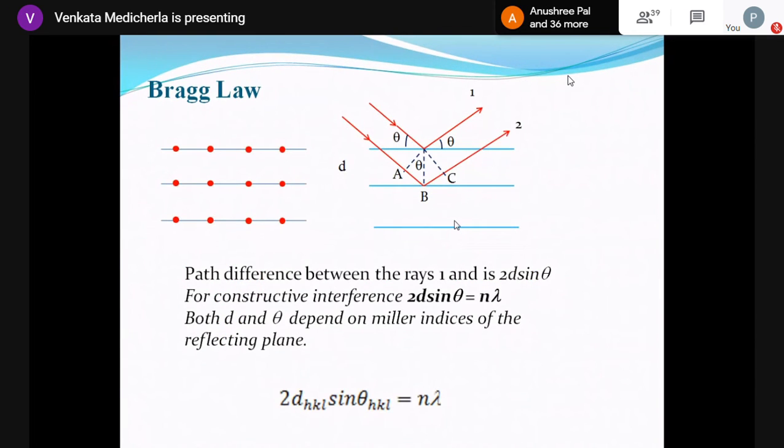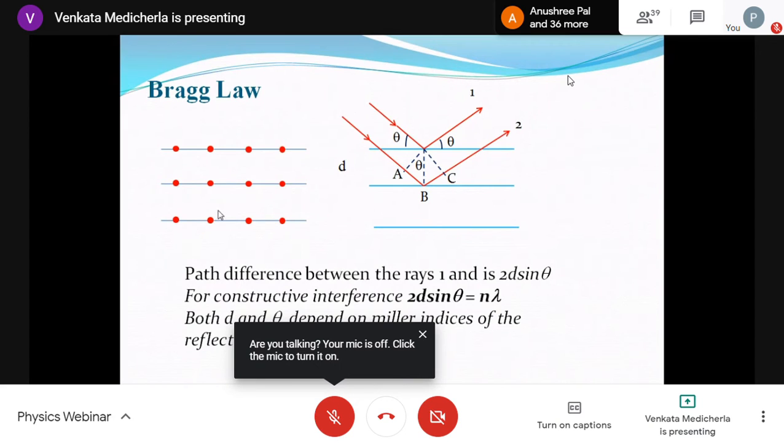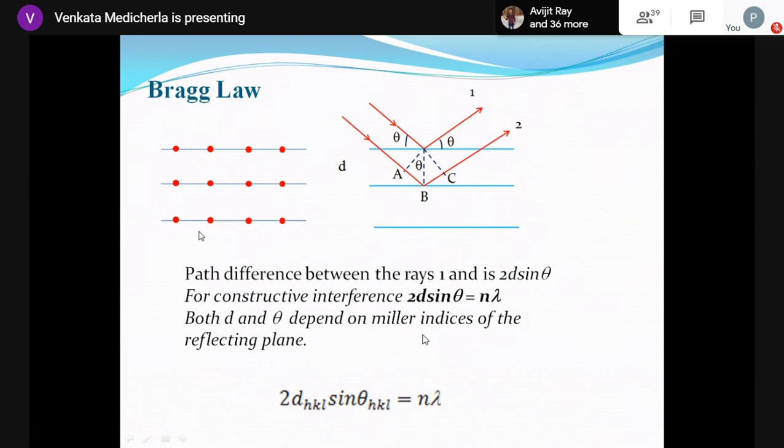See, you have the lattice planes like this, crystal planes. These are basically atoms. This is another crystal plane. They are separated by a distance d, let's say the interplanar spacing. When the X-ray is falling on such a thing, what is the assumption? We take each plane as a partly reflecting mirror. That's why I removed these atoms.